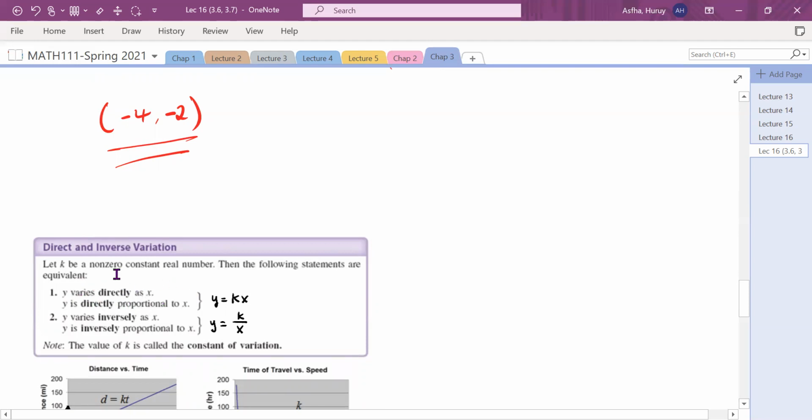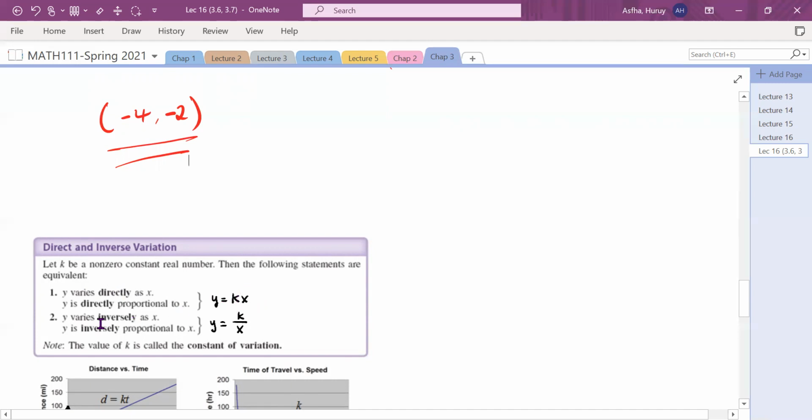And to write this in a mathematical expression, we can write it as y equals k times x, where k is a non-zero constant real number. Okay, k is just a constant, and this is called the constant of variation. So if we know y and x vary directly, then we can write y as k times x.